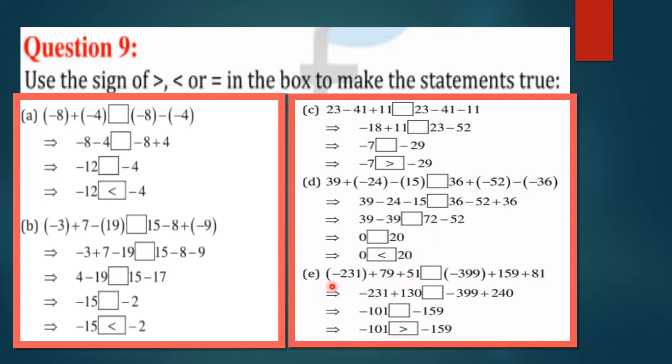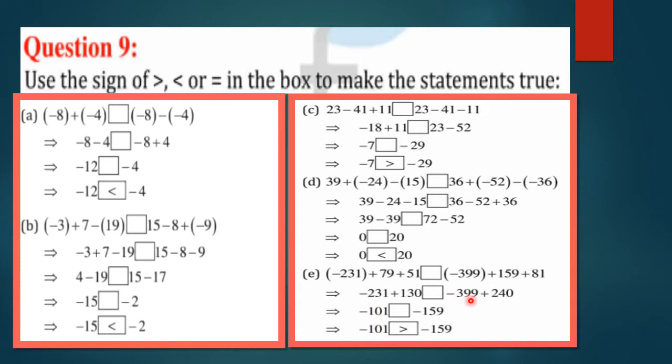Now here minus 231 plus 79 plus 51, box minus 399 plus 159 plus 81. So minus 231, 79 plus 51 becomes 130. Now minus 231 plus 130, subtract and put greater sign. So minus 101.